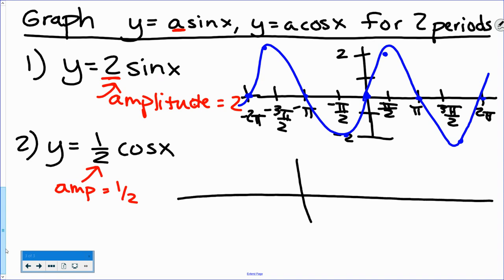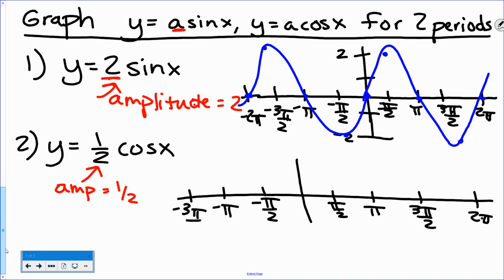So I'll go ahead and make my scale pi over 2, pi, 3 pi over 2, 2 pi, and then the negatives on the other side. Okay, up to you how you want to kind of sketch this, and just make sure you're looking at it.